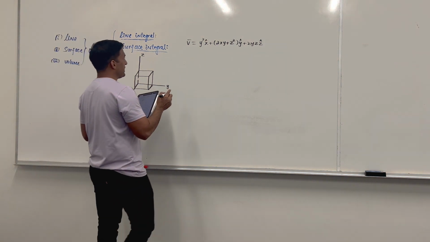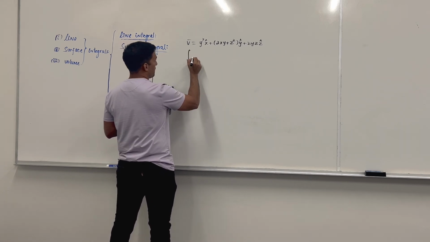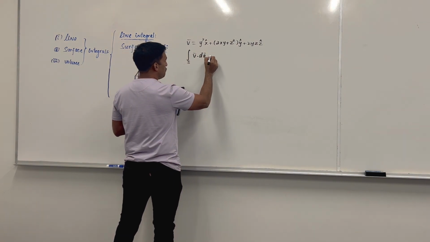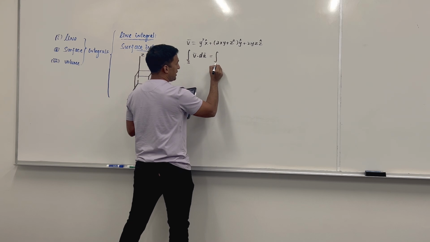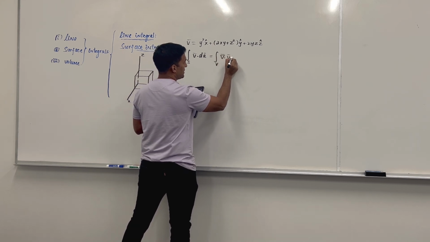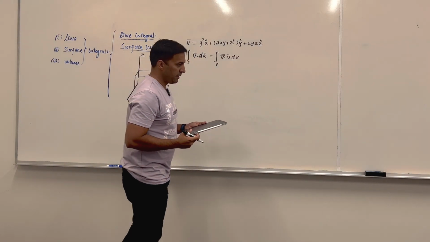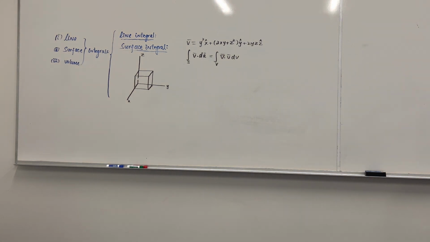And the surface integral is given as the integral of v dot dA. And if you wish, this surface integral can also be written in terms of a volume integral, the integral of the divergence of v dV. You can also calculate this one. But let's first actually prove this divergence theorem.